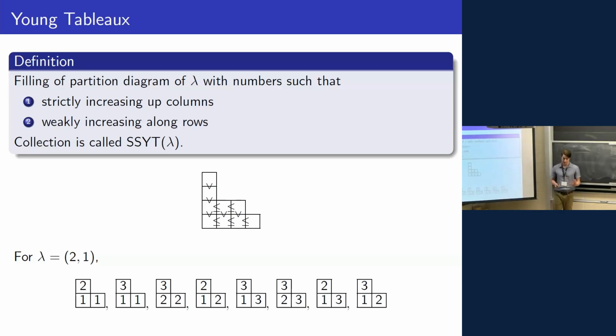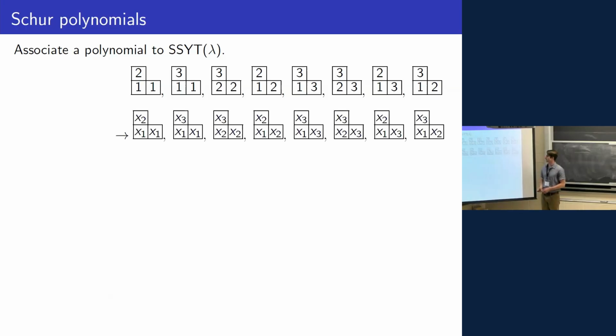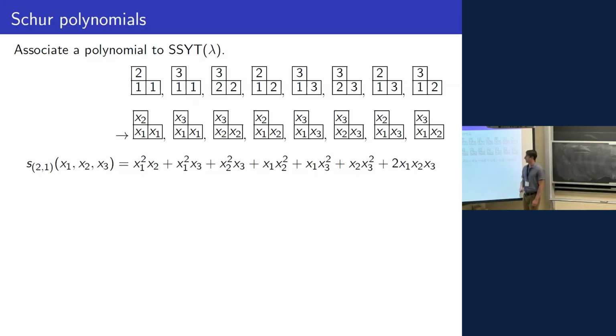Now, what I like to do with them is construct symmetric polynomials. I want to associate a symmetric polynomial to these combinatorial objects. So I'm going to list them all out, and then replace all of those numbers with variables: 1 becomes x1, 2 becomes x2, and so on. Then to each one of these fillings, I take the product of its entries and add them all up.